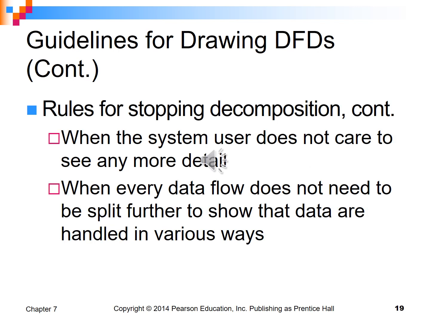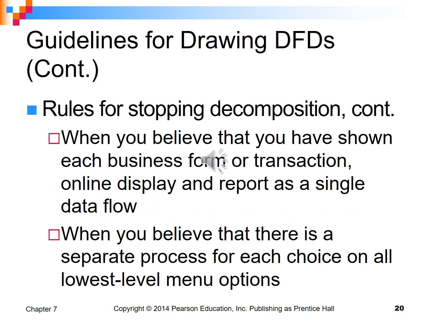Again, when the system user does not care to see any more detail, when every data flow does not need to be split further to show that data are handled in various ways. When you believe that you have shown each business form or transaction, online display and report as a single data flow, when you believe that there is a separate process for each choice and all lowest level menu options.